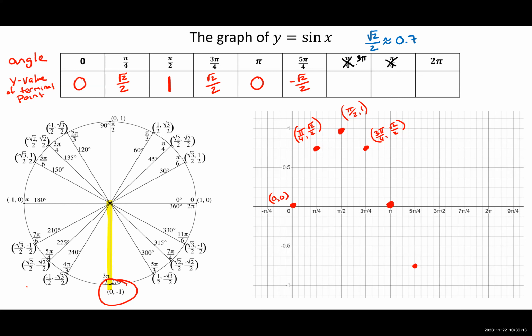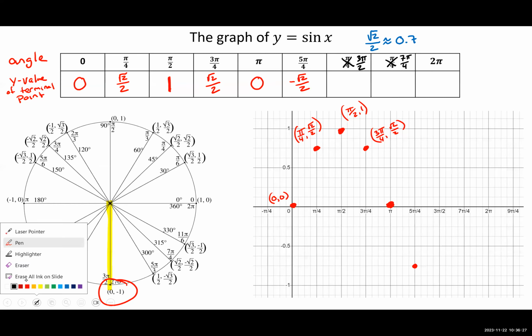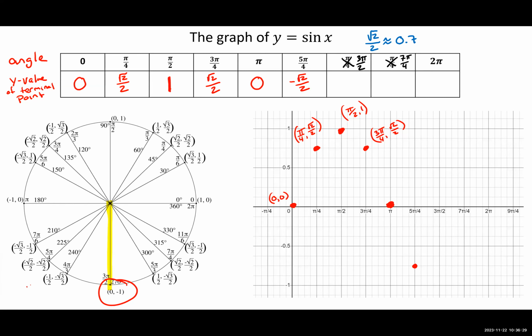This should say 3 pi over 2, and this should say 7 pi over 4. My apologies for that. Need to make some edits. Okay, so where were we? When the angle is 3 pi over 2, the point is down here at -1.